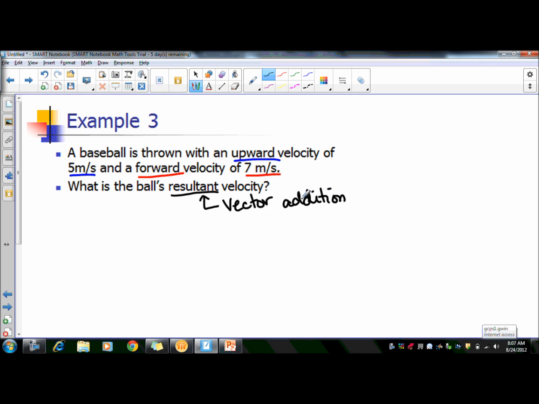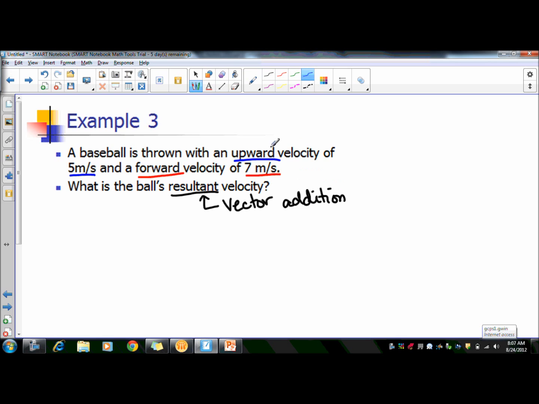So the resultant is whatever it results to, so whatever it ends at. And when we say vector addition, you have to take into account your directions. You have to take into account if you're going perpendicular, if you're going opposite or same direction. So don't just think this means add them together.